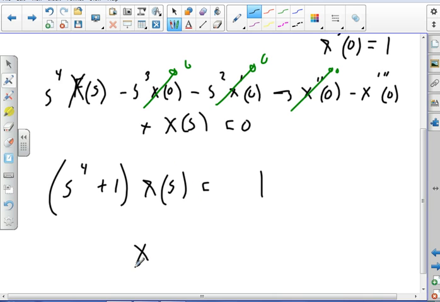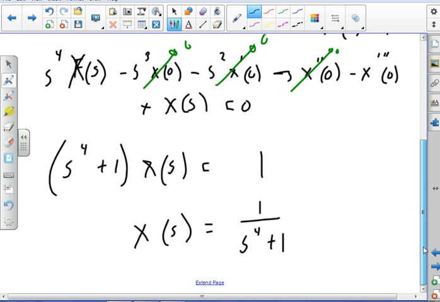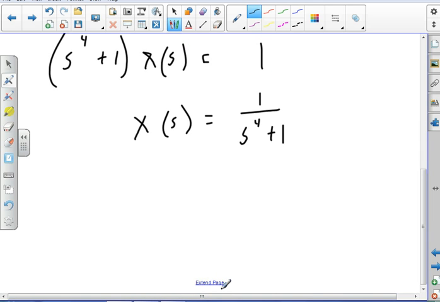So I'm going to have X of s is equal to 1 over s to the 4th plus 1. All right, now what was I supposed to do with the problem? Use Laplace transform to solve the initial value problem.